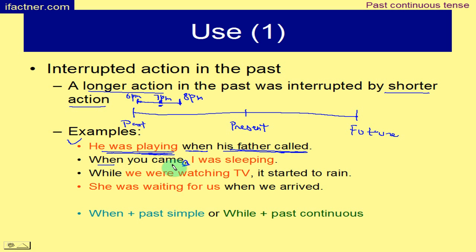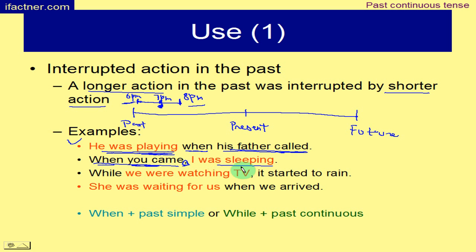When you came, I was sleeping. I started sleeping at 6 p.m. and slept till 8 p.m. and you came at 7 p.m. My longer action was interrupted by the shorter action. Therefore, the shorter action is represented by past simple tense and the longer action by past continuous tense.